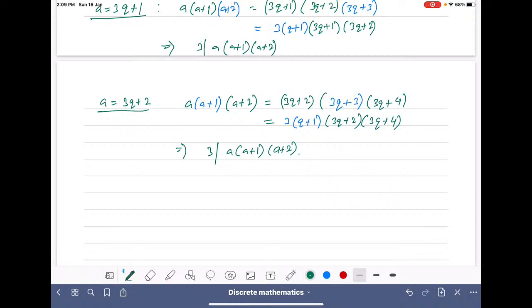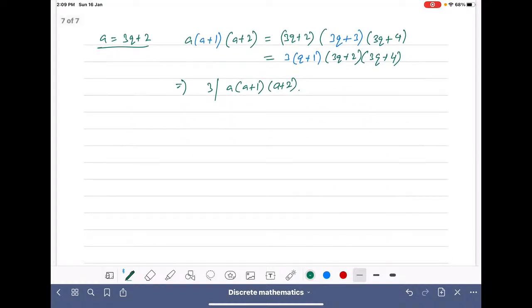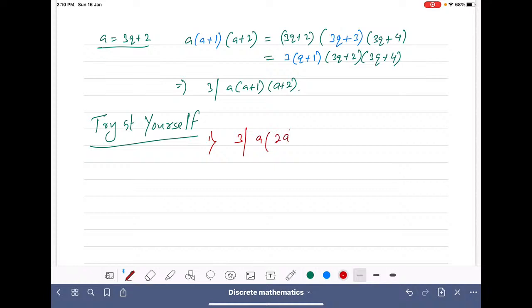You could try by using the same methods other questions from our exercise. So try it yourself. Questions: 3 divides a multiplied by 2a square plus 27, where a is an integer.